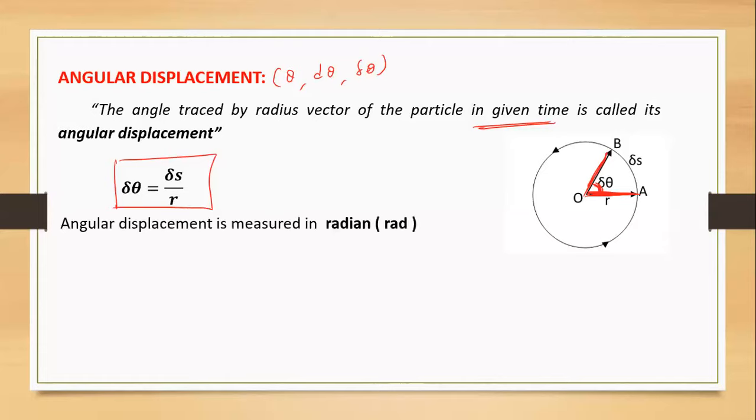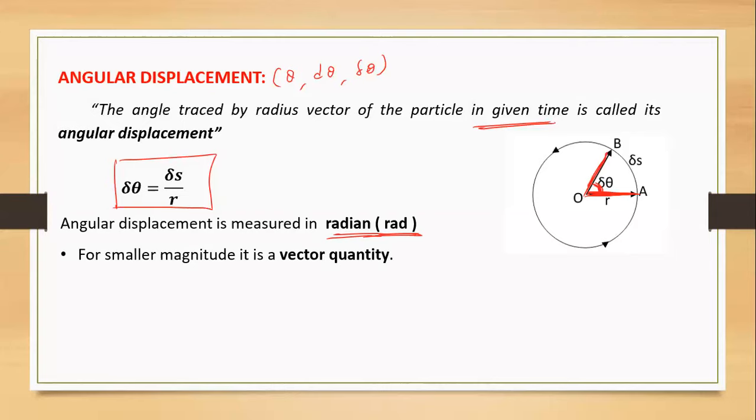So the unit is radian, in short rad. Dimension: no dimension, because supplementary quantities don't have dimension. Or if you want to write it, L0, M0, T0 is the dimension.